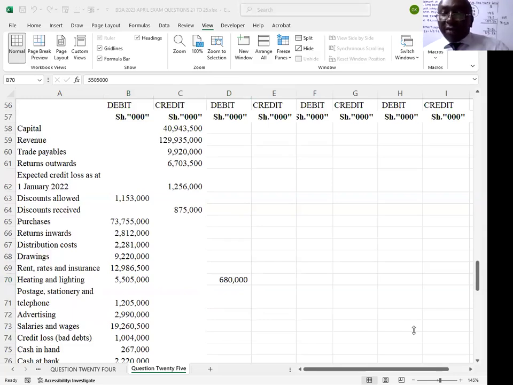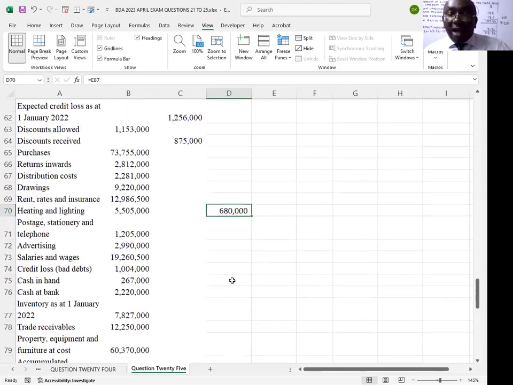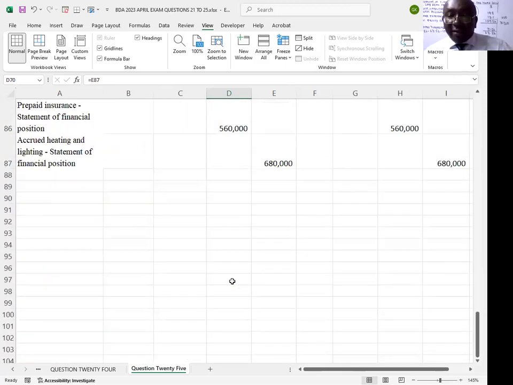Yes, Nyabura, I've said we will debit the heating and lighting here. This one. Because we are increasing it. Since we already have used, what we have not done is to pay. Then we come and credit here.